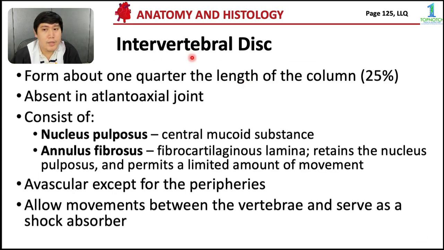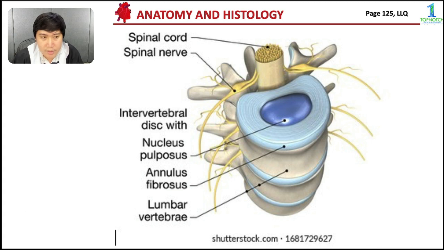So in between the vertebrae, we have the intervertebral disc. Your intervertebral disc comprises 1/4 or 25% of the length of the vertebral column. It's absent in the atlantoaxial joint. So your intervertebral disc is here. Centrally, you have a nucleus pulposus. It's a central mucoid membrane, primarily resisting compression.